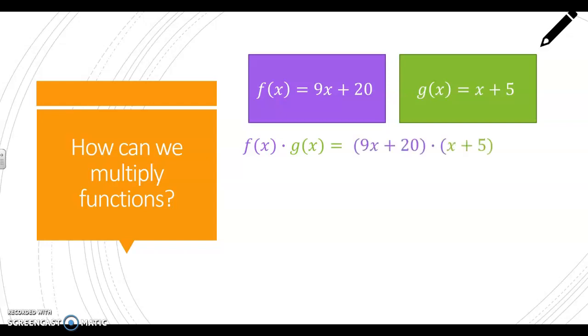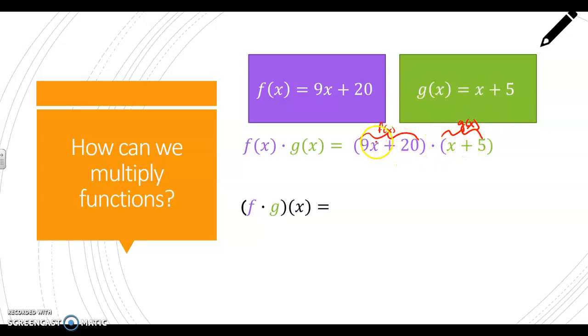So to do that, we do our f of x function right here, and we multiply that by our g of x function. And then we write that, just like how we had yesterday, f plus g or f minus g inside the parentheses. Now we have f times g of x is equal to, and luckily this is just like foiling that you guys have done before for these examples.